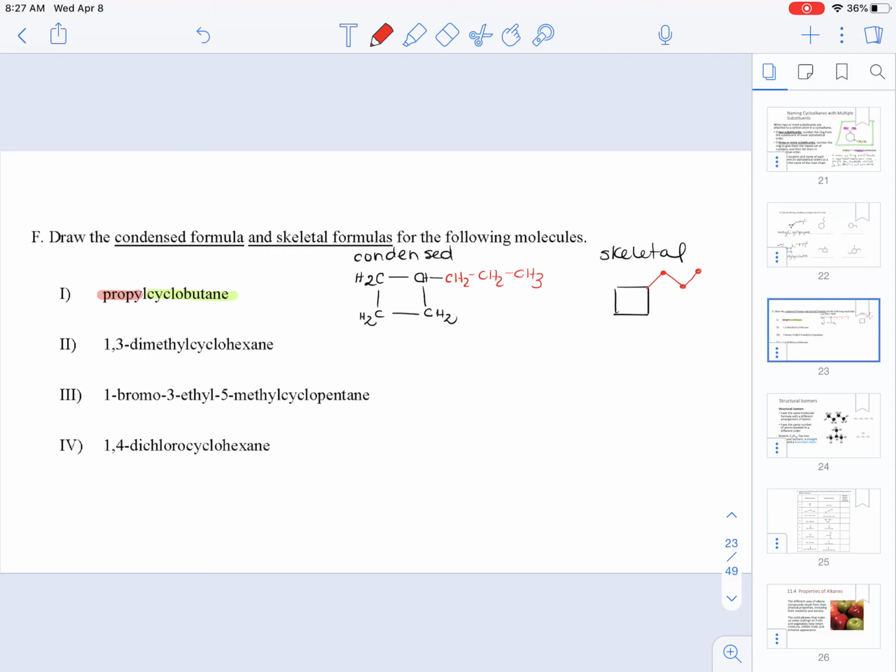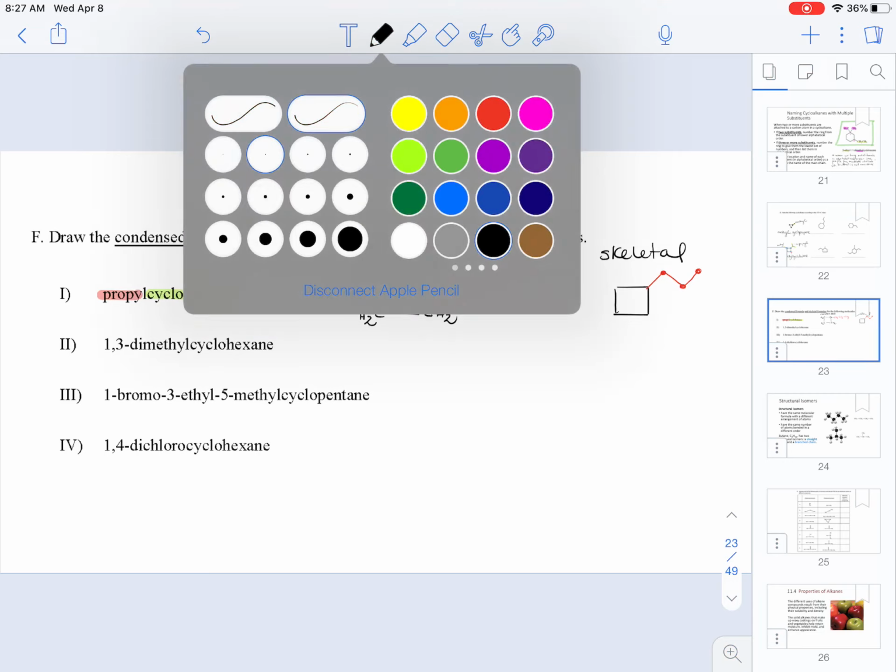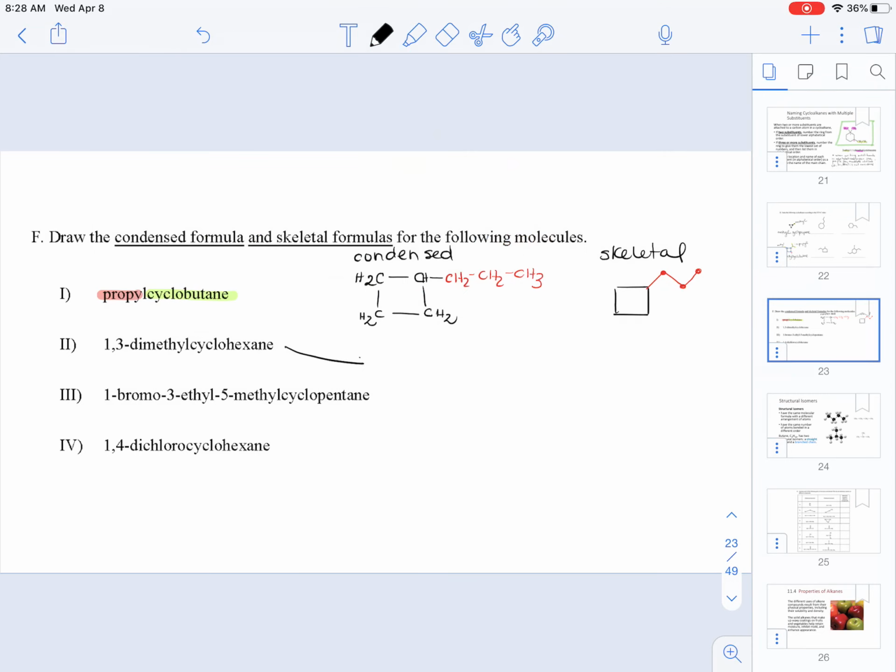1,3-dimethylcyclohexane. So if I have a cyclohexane, the cyclohexane is going to look like a hexagon. Okay?